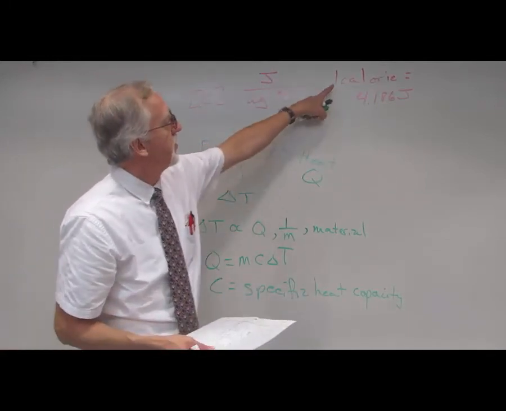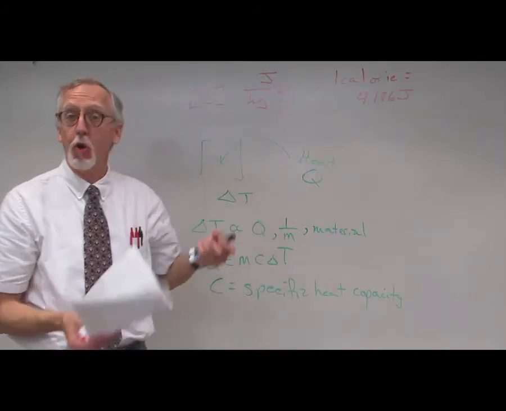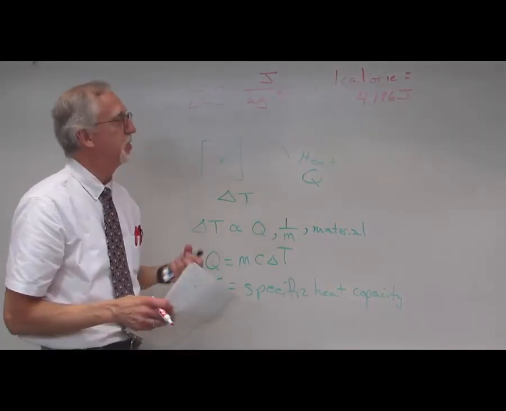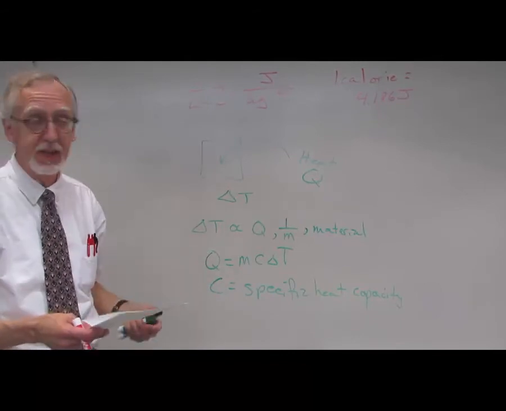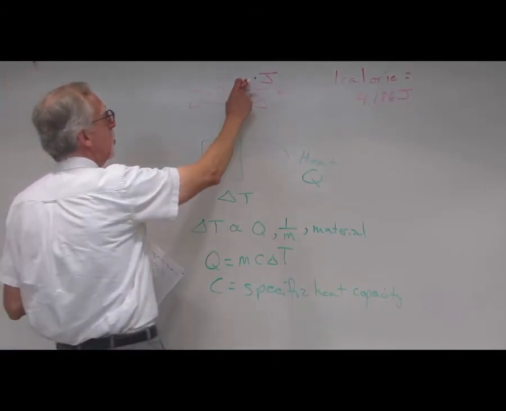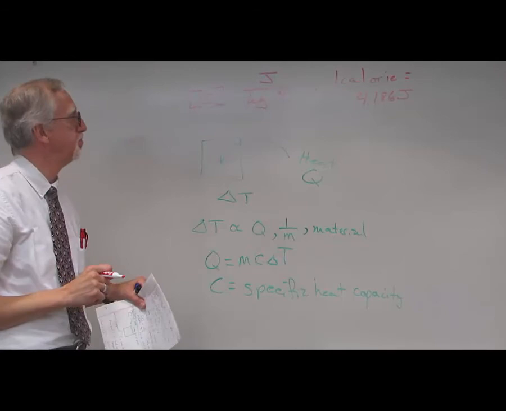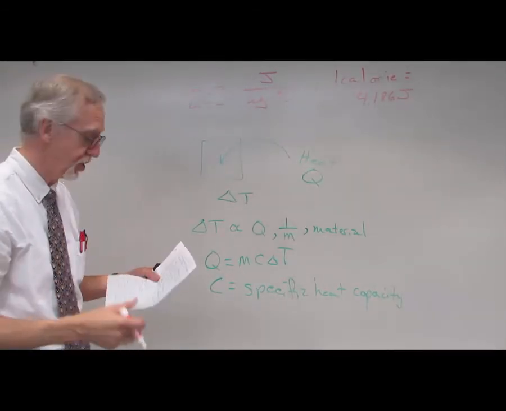So that corresponds to a heat of 4.186 joules, and we'll actually do an experiment in lab determining this relationship. But typically we will be using energy in terms of joules.